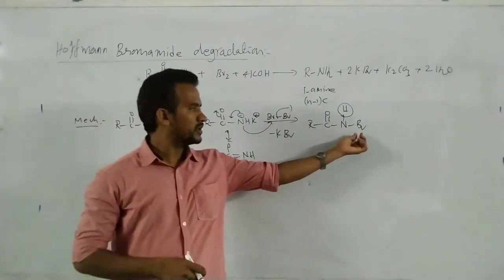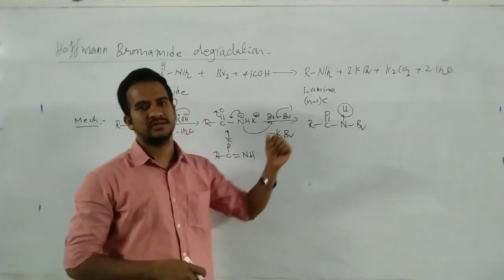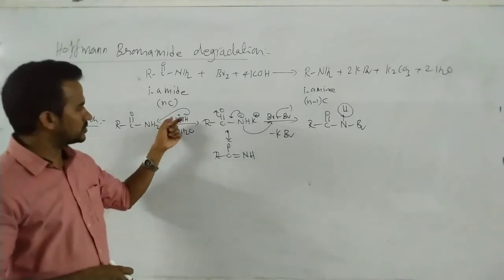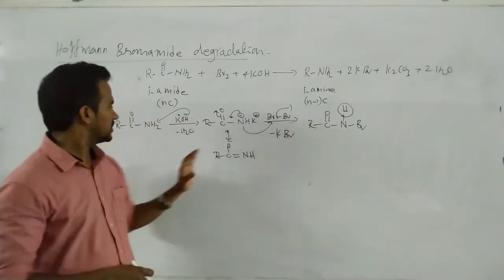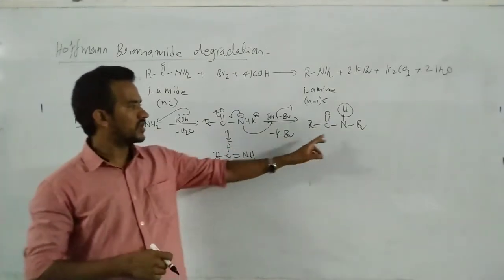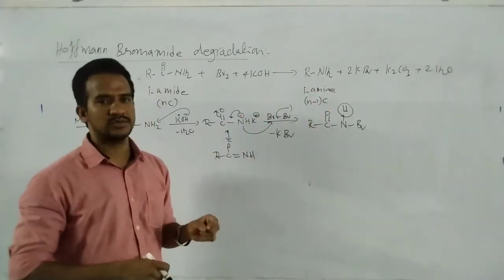Why? Because bromine is a minus I group, so because of the minus I effect, the acidic nature increases. But in the other case there is no minus I group, just two hydrogens, so that hydrogen is less acidic. So after replacement by bromine, the acidic nature of the remaining proton is higher, that means the reactivity of that proton is more.